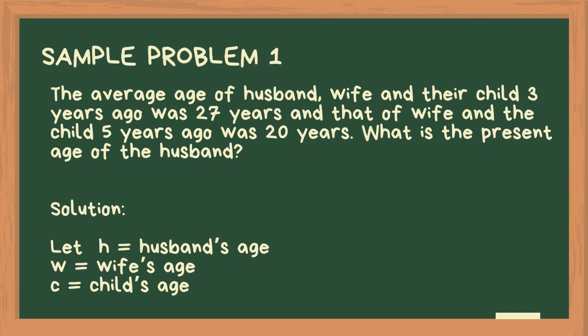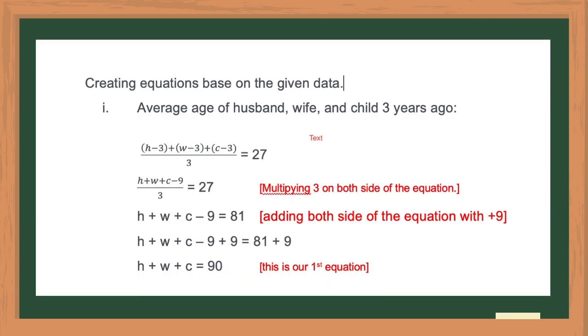For our solution, we will let H be the husband's age, W the wife's age, and C the child's age. We will use this for the formulation of equations. So for now, we will first create an equation based on the given data.